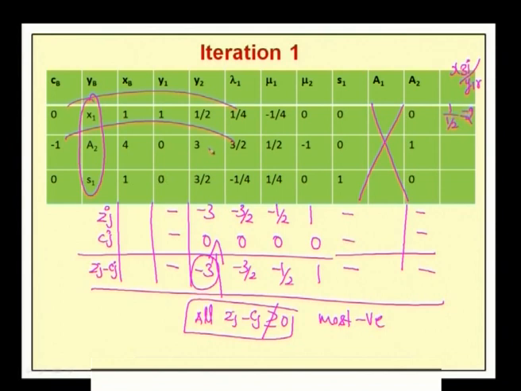Now, for the second one we have 4 by 3, which is 1.3 something. Then the fourth one, 1 divided by 3 by 2, which is 2 by 3, which is 0.6 something. Among all xbi by yir, the minimum occurs here, and the corresponding variable S1 leaves the basis.